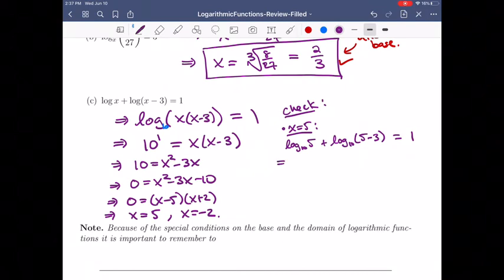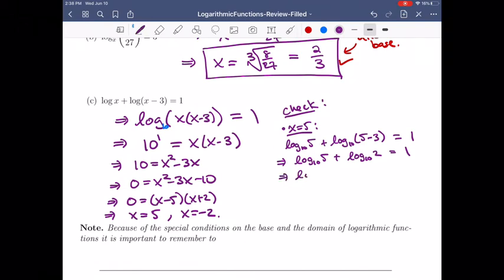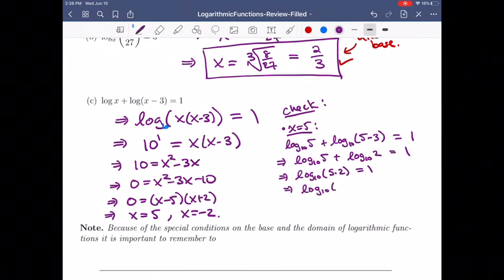So this says log base 10 of 5 plus log base 10 of 2 equals 1. And because I have the addition, this is actually log base 10 of 5 times 2, which is log base 10 of 10, and that is equal to 1. So this is a solution.